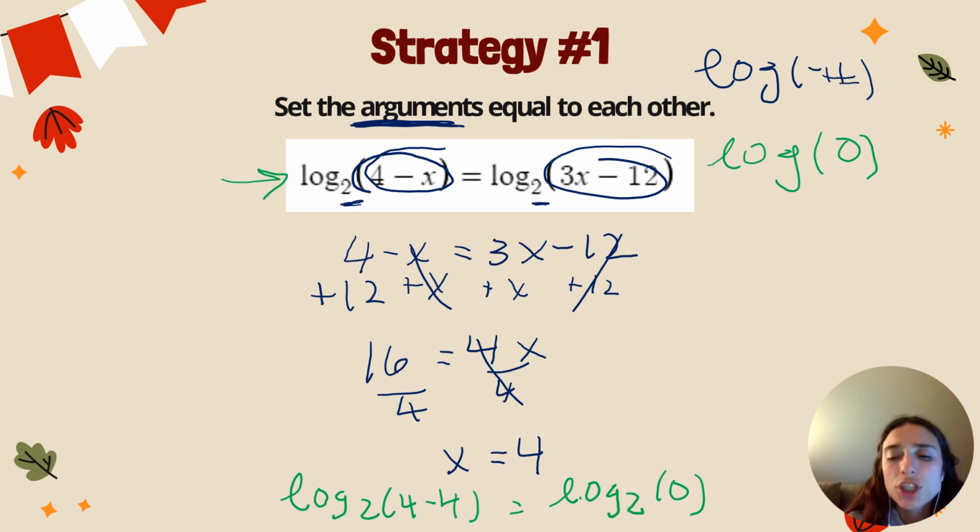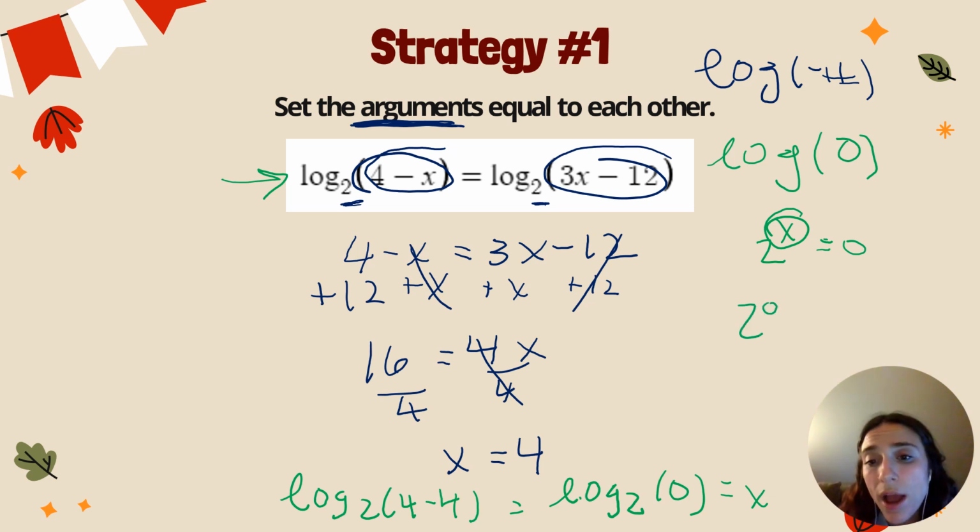So that's the other thing you can't have: log of 0. Because if I change this to exponential form, 2 to the x equals 0, what could x be that would give me 0? Nothing. 2 to the 0 power is 1, 2 to the first power is 2, but there's nothing I could plug in for x to give me 0. So you can't have negatives in logs, and you can't have zeros in logs.